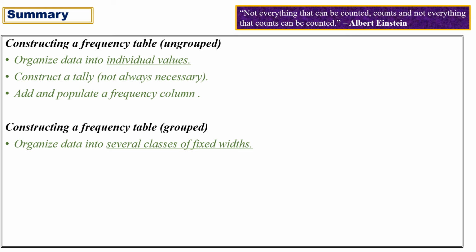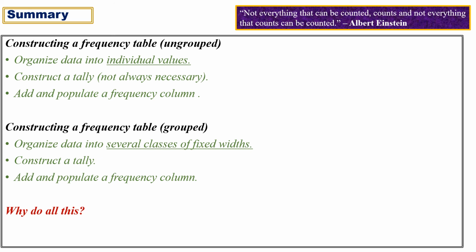In the first step, you will organize the data into several classes of fixed widths. The next two steps are pretty much a carbon copy of the process when you're constructing a frequency table for ungrouped data: you would construct a tally and then add and populate a frequency column. So the critical question at this point is, why do we do all of this?